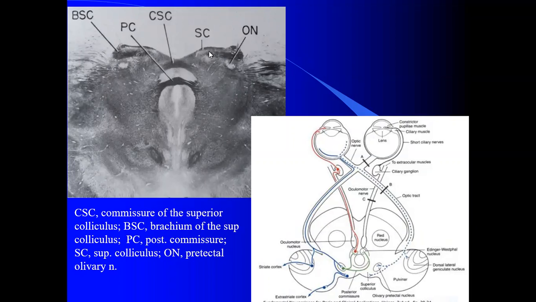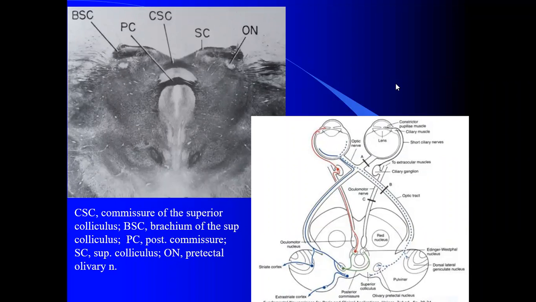Here's the superior colliculus. This is the pretectal olivary nucleus out here. They are then diagrammed here, so you could see pieces of it. Here's the olivary pretectal nucleus here, and you can see the information it receives from the retina, okay, which also goes to the superior oblique, as well as its projections out into the ciliary ganglion.